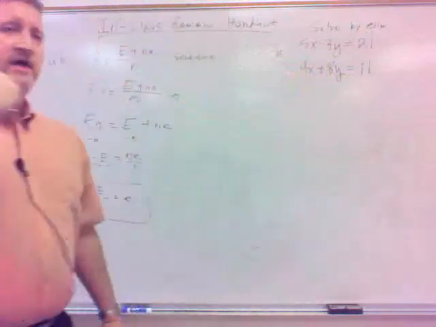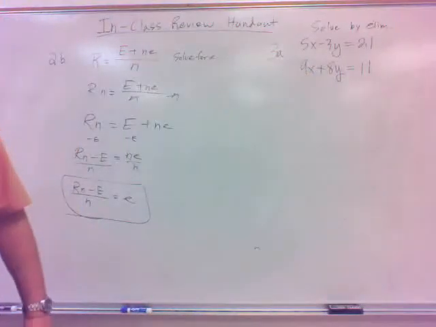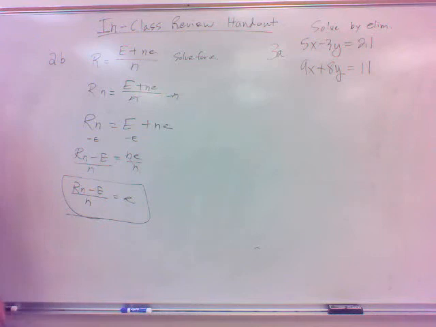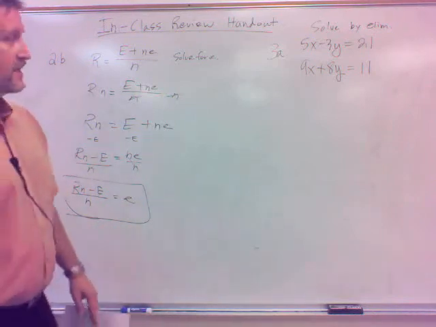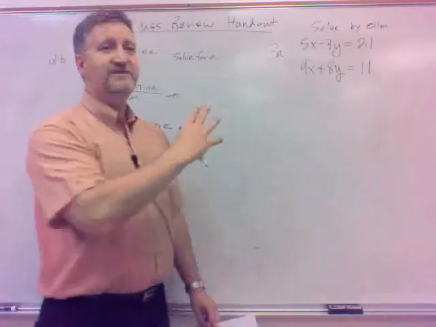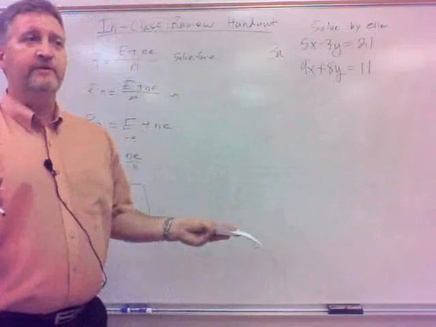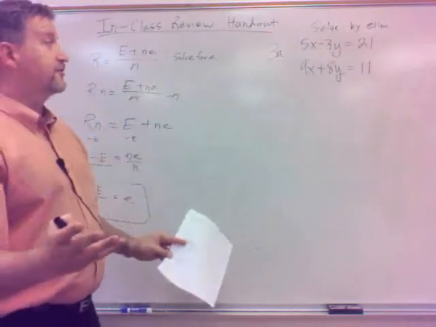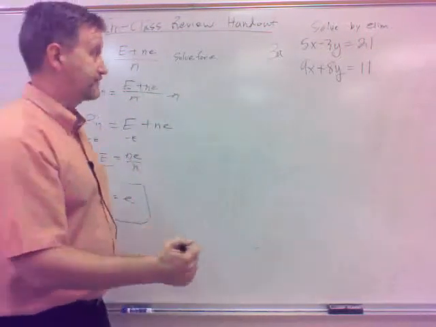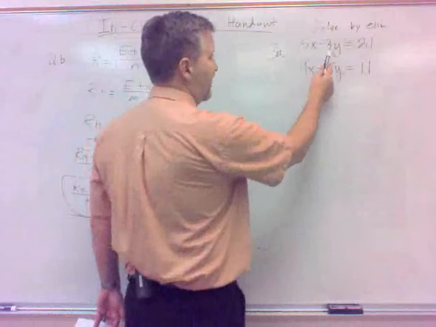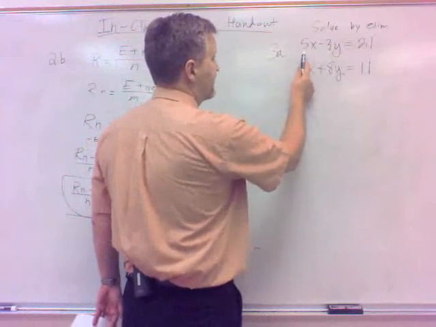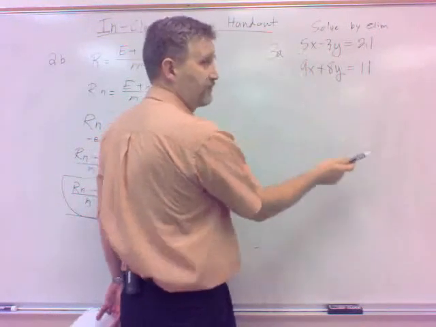And on elimination, we want to eliminate the x's or the y's by basically making them the same number, opposite signs. So which ones does it look like here? It doesn't matter which one, but maybe easier to do the y's. The least common multiple of the 5 and the 9 would be 45.